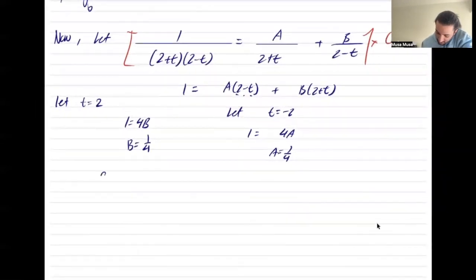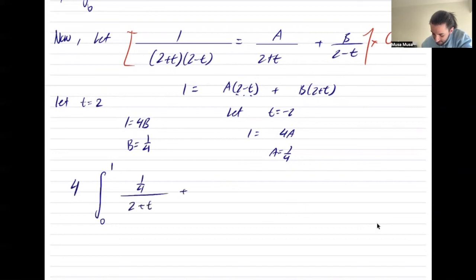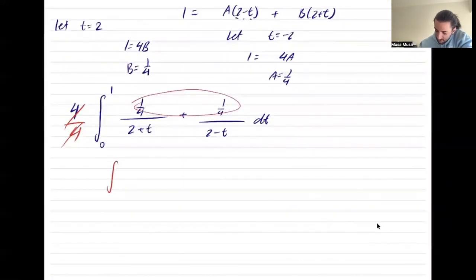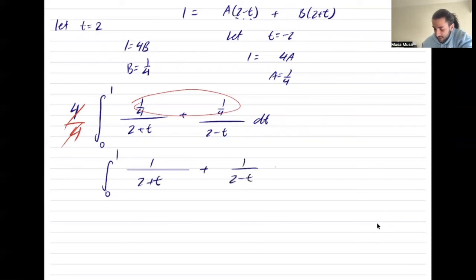You have a quarter over 2 plus t plus a quarter over 2 minus t, but if you take out this quarter, it comes over 4 and then those cancel. So you end up with the integral from 0 to 1 of 1 over 2 plus t plus 1 over 2 minus t dt.